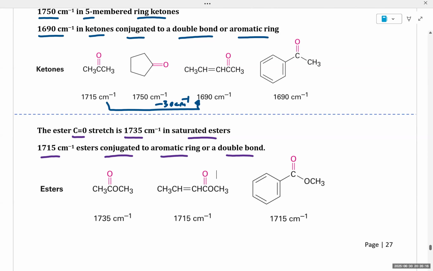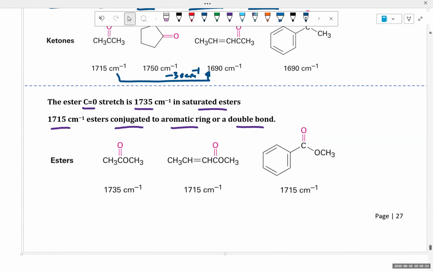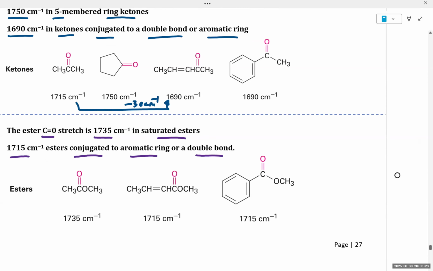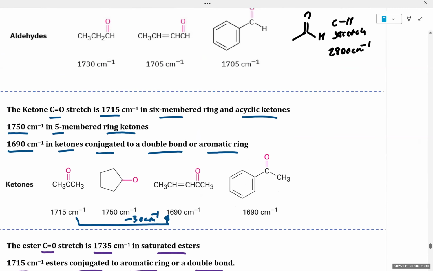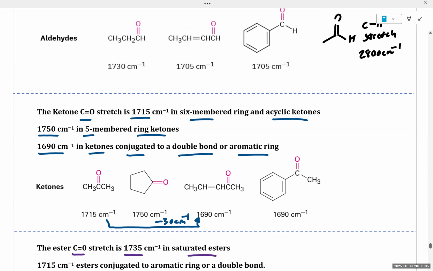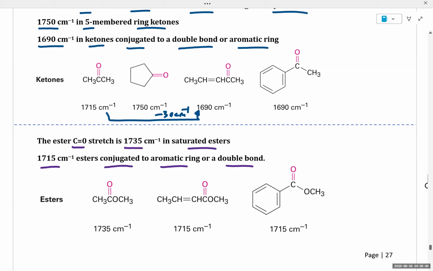So, as we can see, comparing our CO stretch absorbance values, we see that the general ranking and hierarchy is ketones, followed by aldehydes, followed by esters, with esters having the highest stretching frequency values and ketones having the lowest.